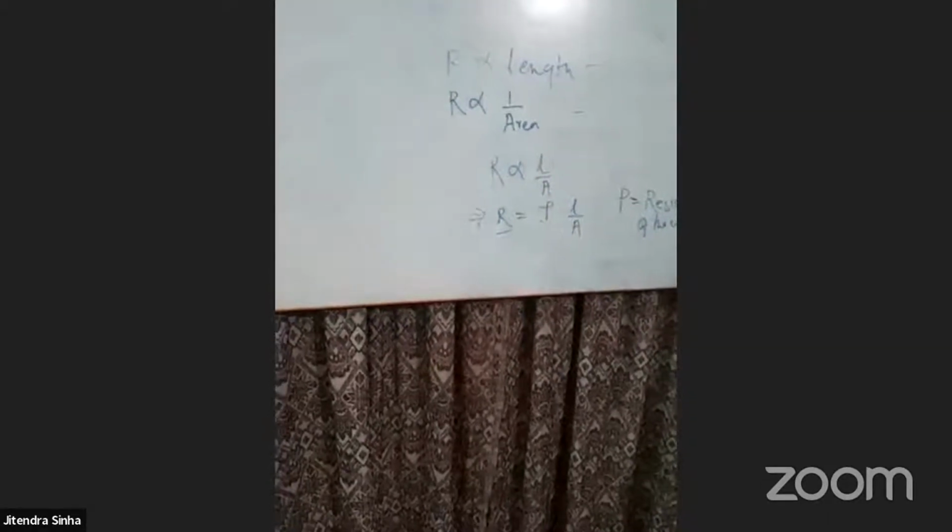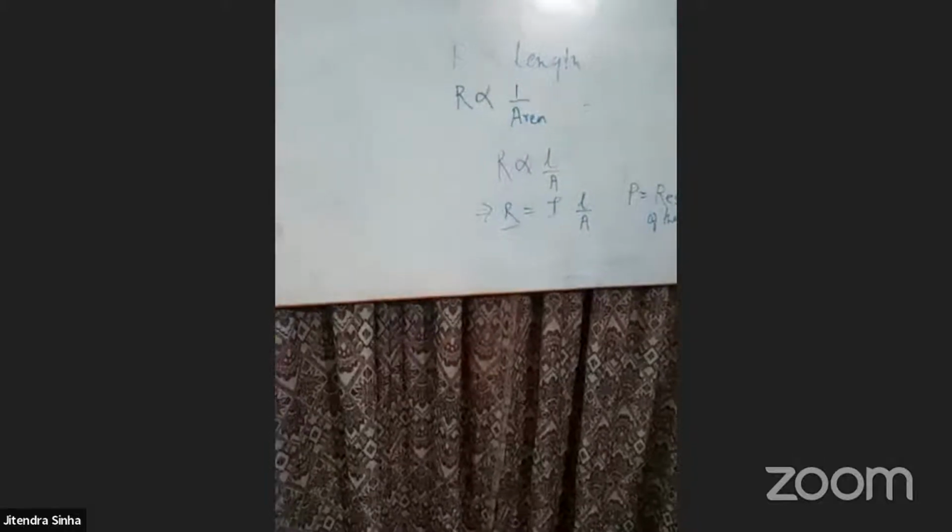Now anyone else? Yes, Pragya, bolo. A moving train will drop to rest within 30 seconds by applying brakes. Find the initial velocity of the train if its acceleration is 0.3 meter per second square. ठीक है.